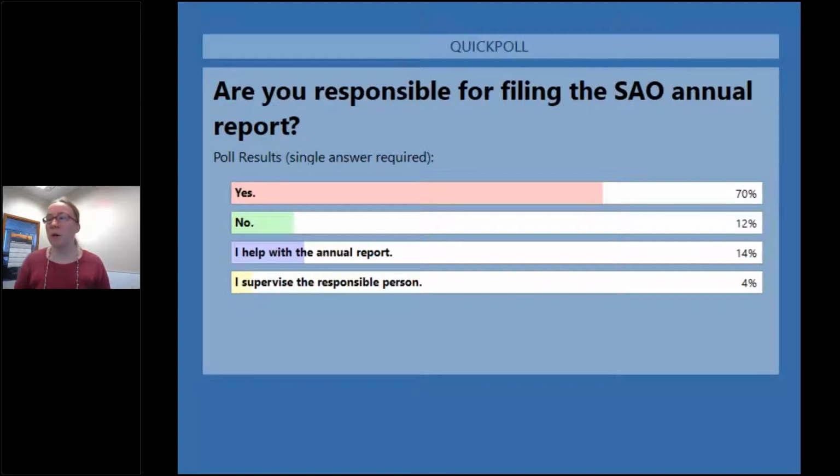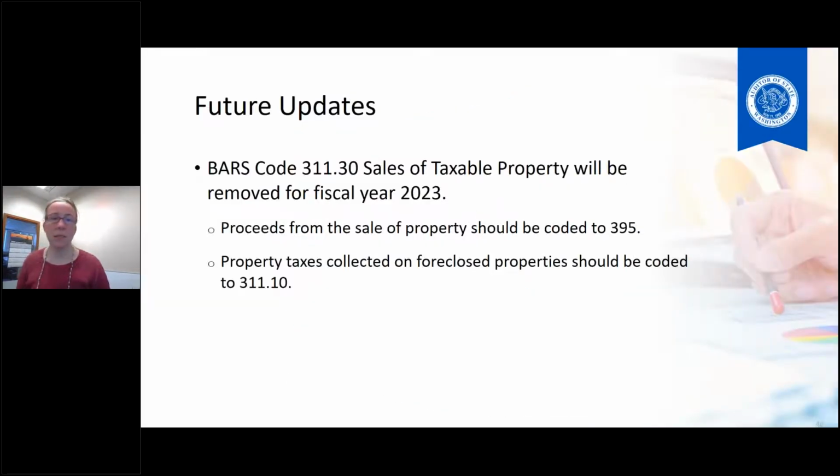So moving on to our next update for 2023, reported in 2024, BARS code 31130, sales of taxable property, will be removed from our chart of accounts. This is because we have other codes that better explain this transaction.